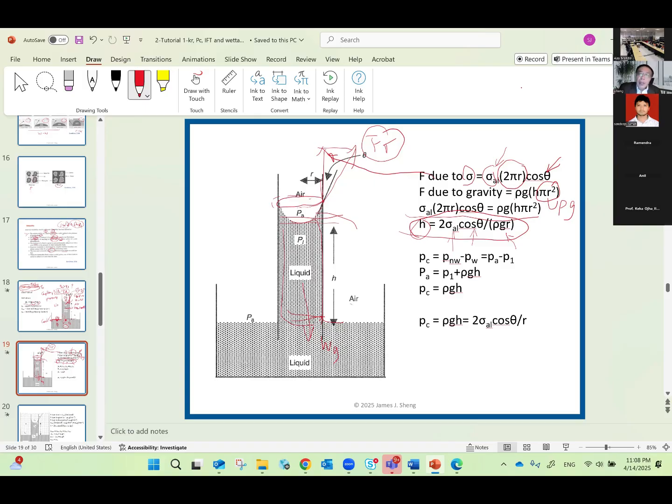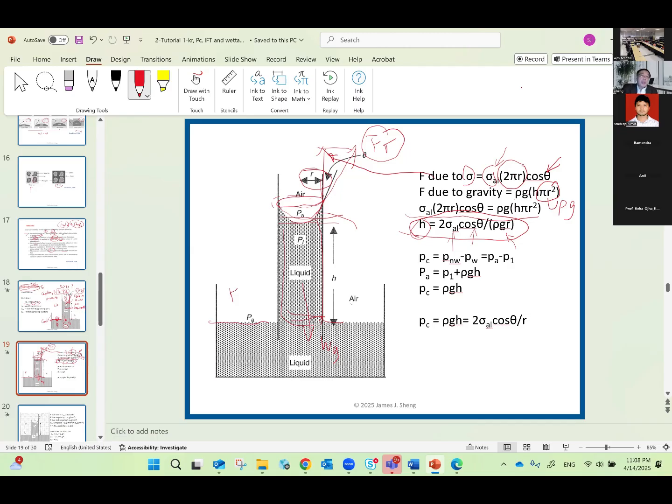Now, let's further talk about this radius r. In the previous slide, I mentioned that capillary pressure exists at this curved interface, but not at a flat surface. Why? At a flat surface, what is R?